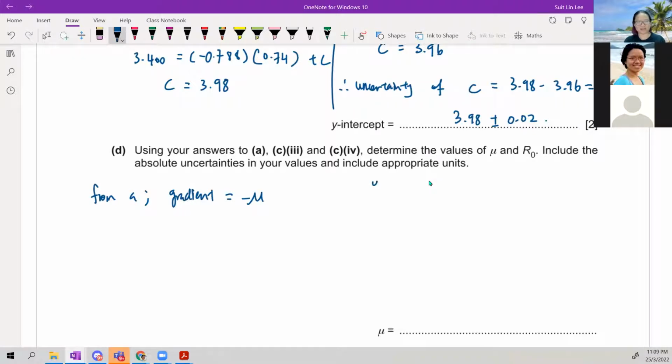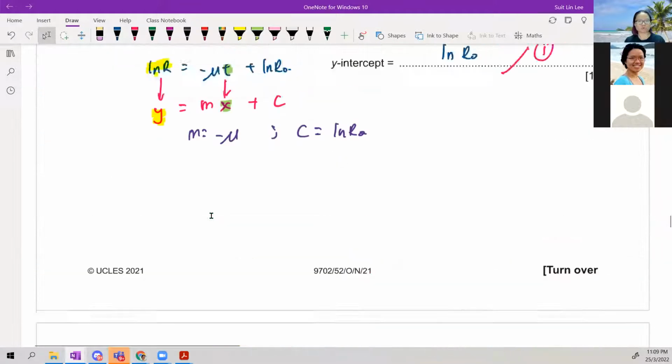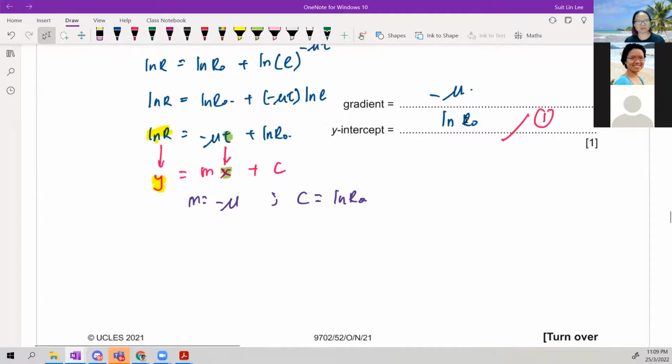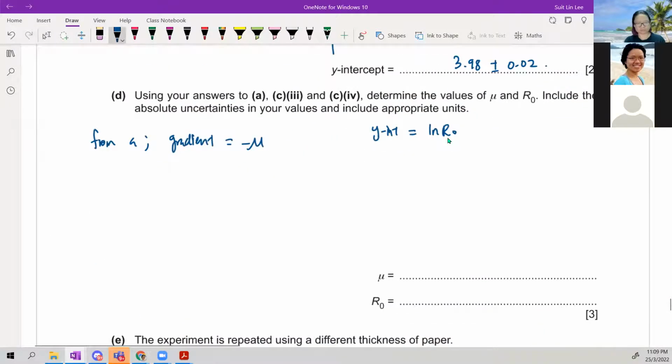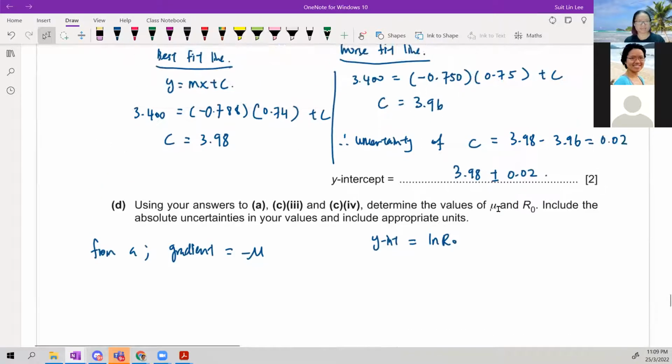All right. And y-intercept was ln r naught. Nah, go. Negative mu, ln r naught. Okay. Do we have gradient? Yes. We're going to use negative. So mu is just 0.788. Got unit or not?